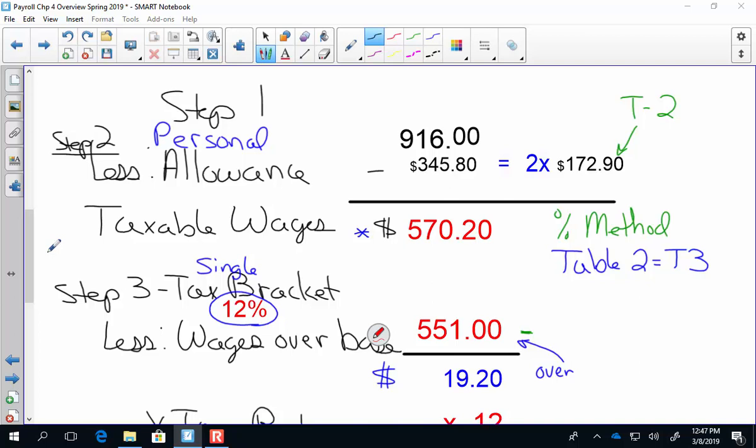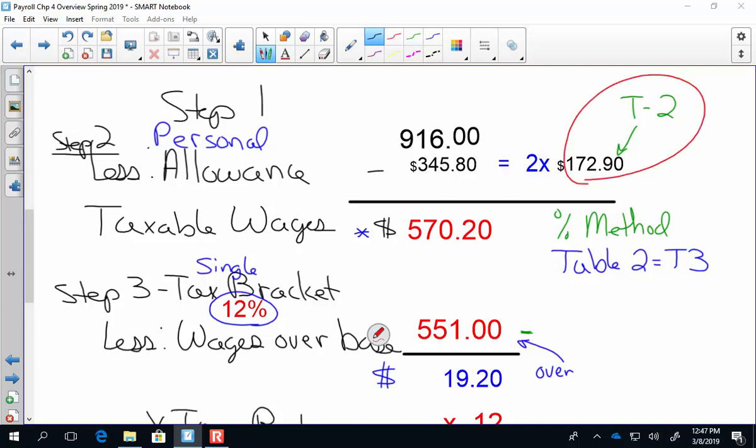And on page T-2, there is a table of allowance values. So the $172.90, which I have over on the right side of my computation, comes from that T-2 page.